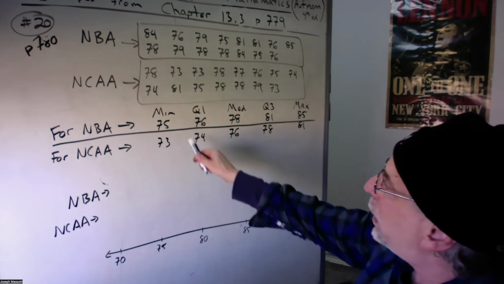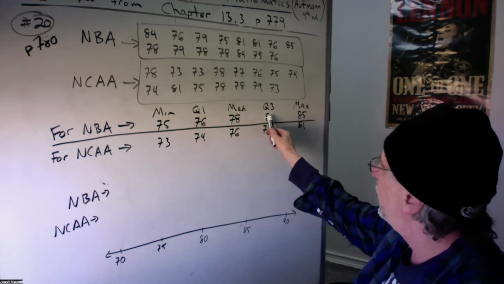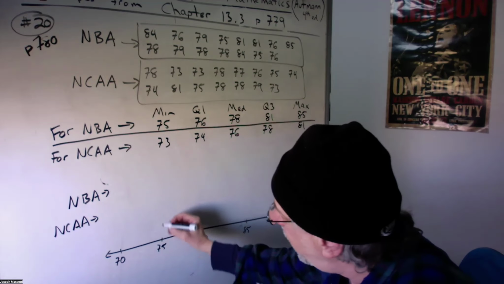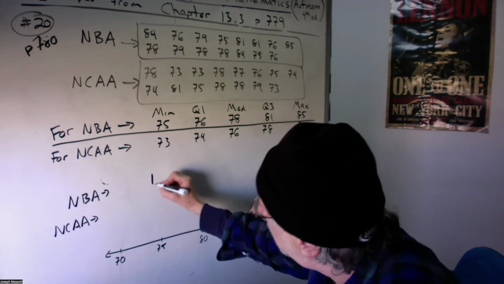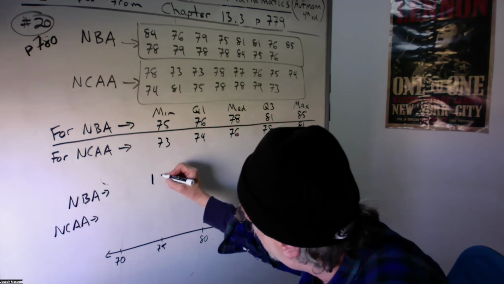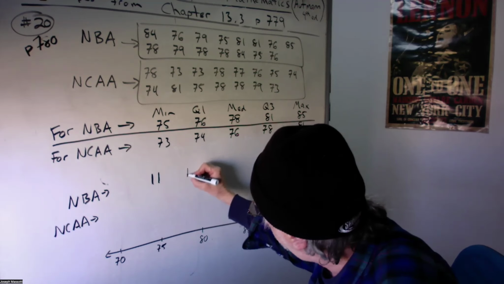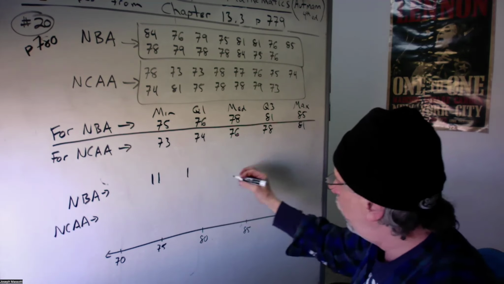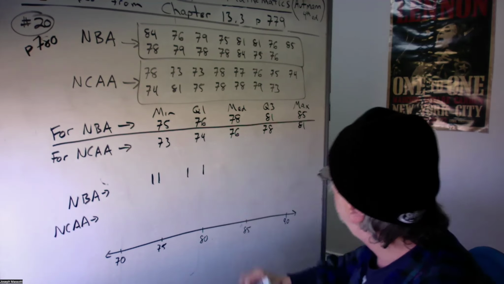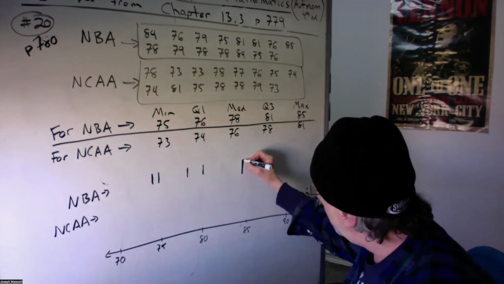So all you're going to do is draw a line at each one of these points for the NBA. So 75, draw a line. 76, draw a line. 78, draw a line. 81, draw a line. And 85, draw a line.